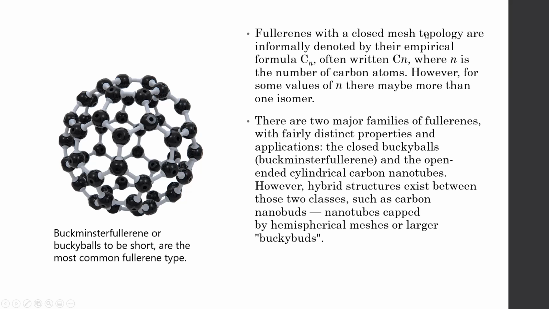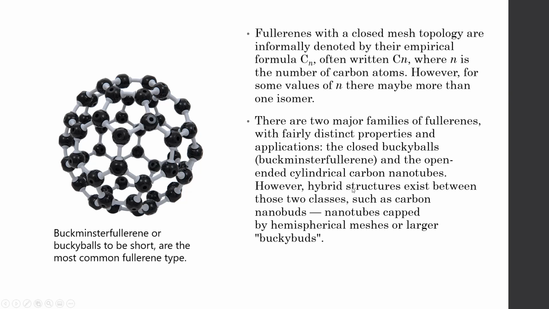Fullerenes with a closed mesh topology are informally denoted by the empirical formula Cn, where n is the number of carbon atoms. However, for some values of n, there may be more than one isomer. There are two major families of fullerenes, with fairly distinct properties and applications: the closed buckyballs, Buckminster fullerene, as I told earlier, and the open-ended cylindrical carbon nanotubes.